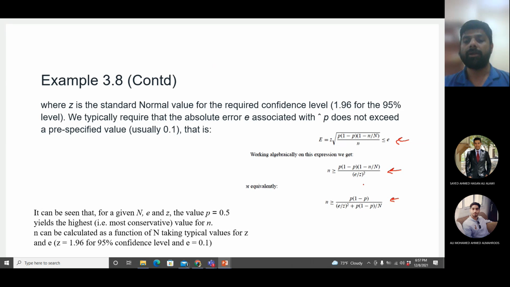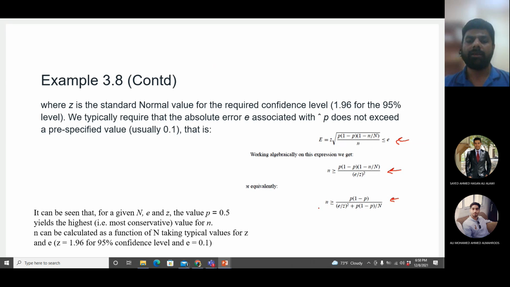When you open the bracket and rearrange, this is the final equation for getting the value of n.